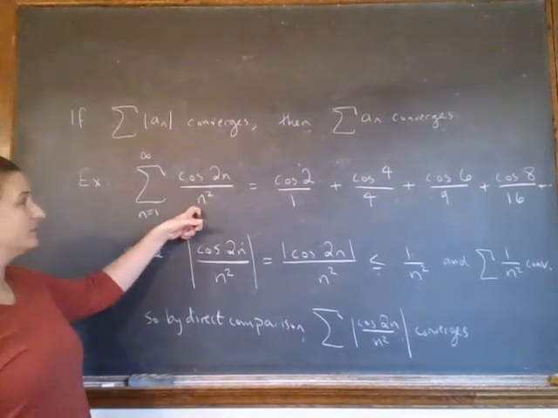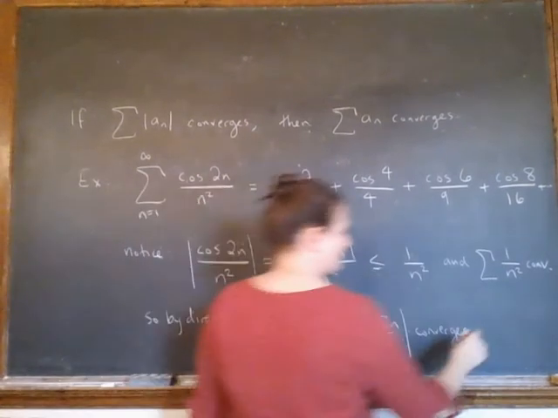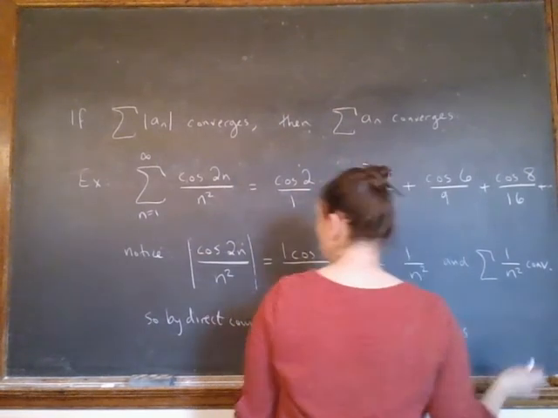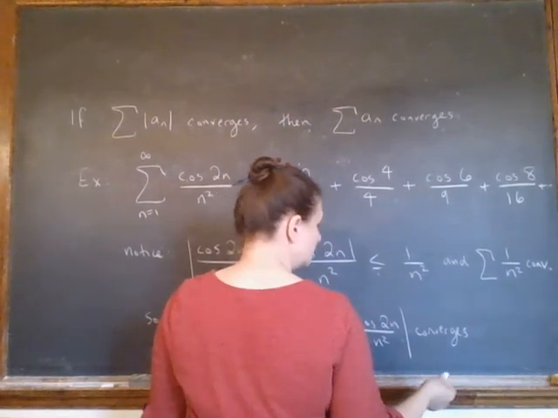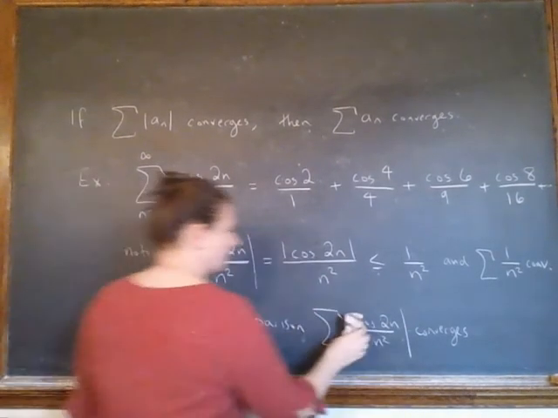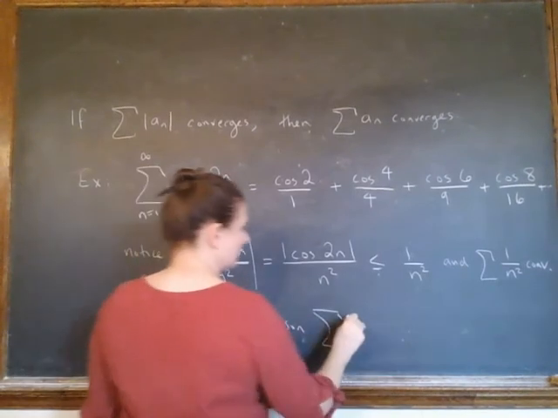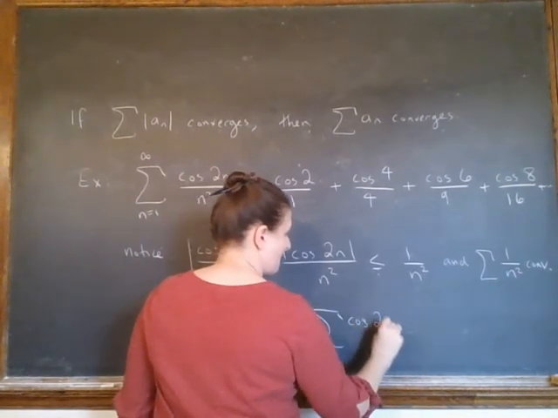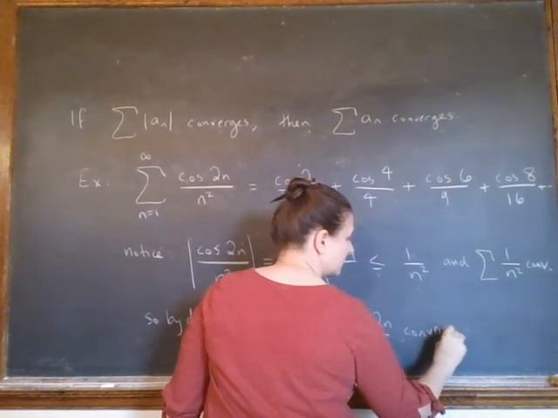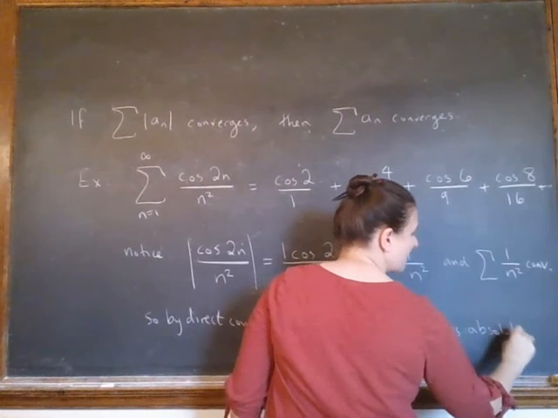Or this converges absolutely, which means it converges, right? So my conclusion would be that this converges in absolute value, so I can say it converges absolutely.